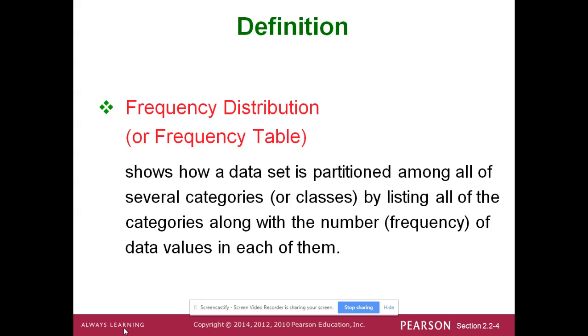When I talk about a class, if we're dealing with number data, that class could be people between the age of 12 and 15, and then people between the age of 15 and 18. Our classes are separated that way. Categories could be juniors, seniors, freshmen, sophomores, those sort of things. But a lot of times when we're talking about classes, we're dealing with number data, and we're going to get a range that's in that class.